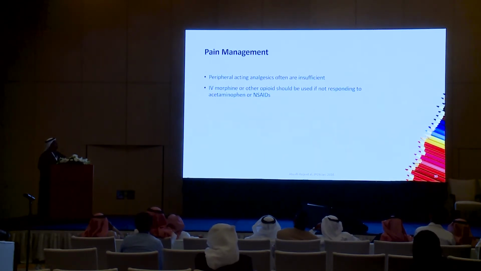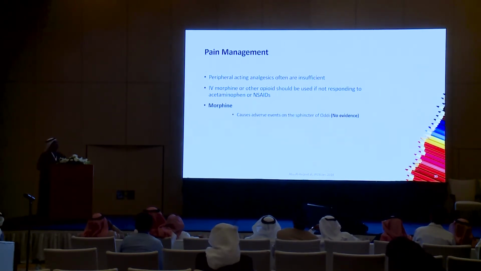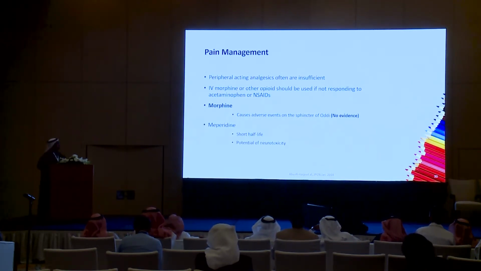For pain management, peripheral analgesia most of the time is not enough, so most of us use morphine. Morphine is safe. They were talking before about morphine affecting the sphincter of Oddi, but there is no evidence of that. That's theoretical, but no evidence. Others use meperidine, but it has a lot of neurotoxicity.